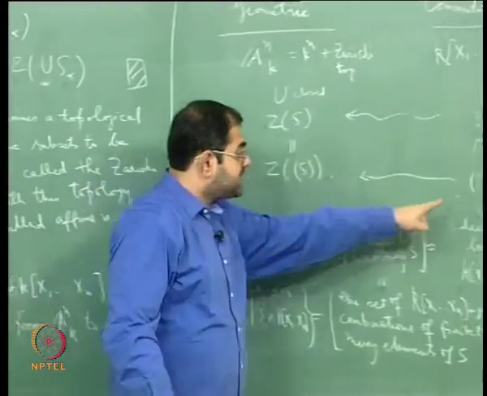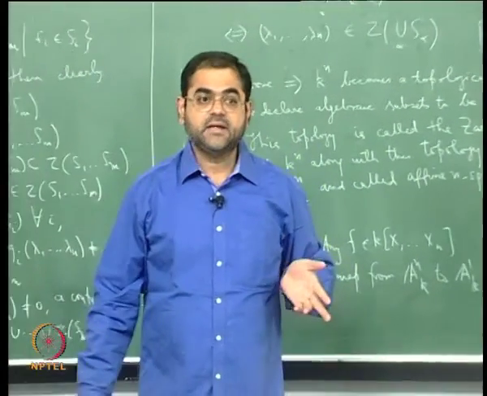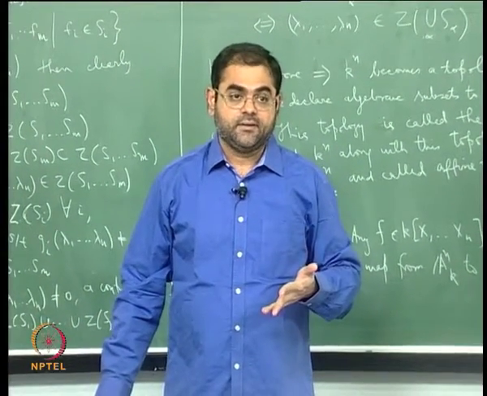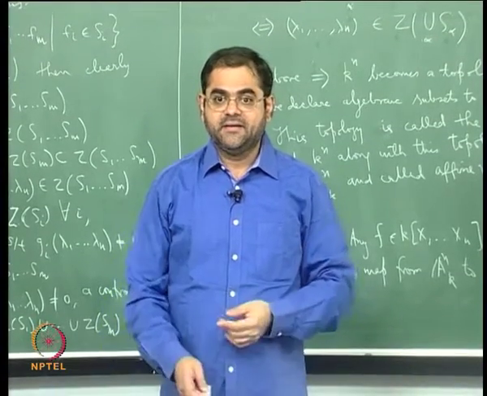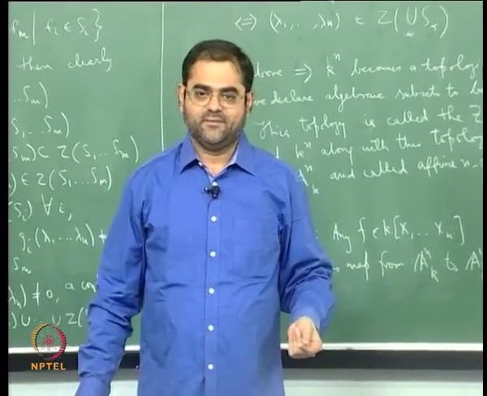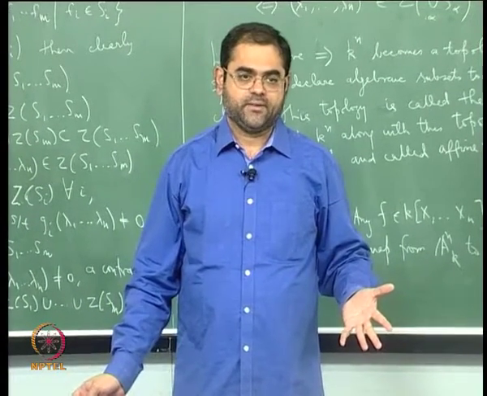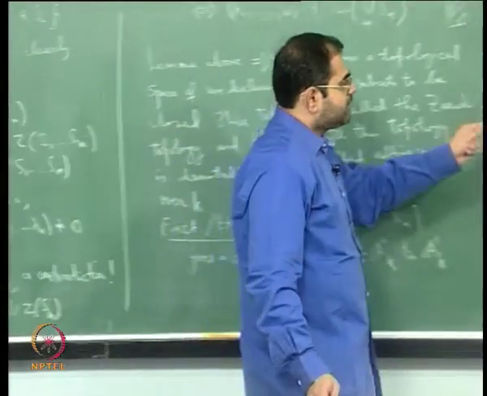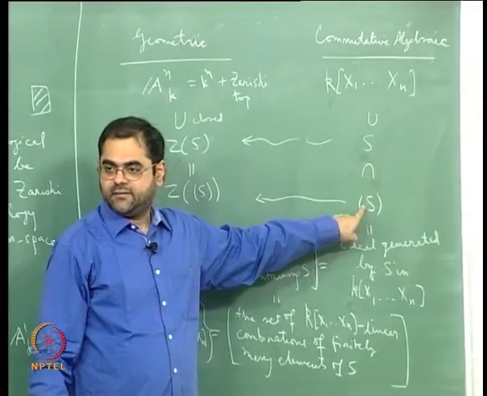But if you take the ideal generated by that polynomial, it is a principal ideal, it consists of all multiples of that polynomial, and the number of polynomials in that ideal is huge, okay. You have so many polynomials, and this set is a huge set, okay.